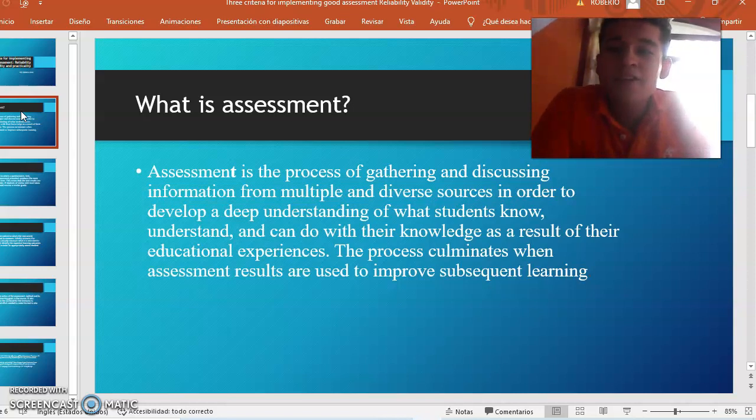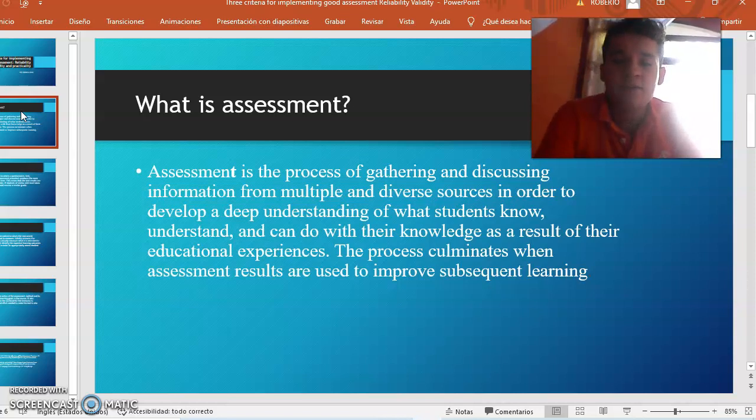Now, what this brief definition of assessment means is that assessment is basically like a test. It is like a questionnaire, an observation in which lots of information is gathered and developed in order to develop a well-written test.